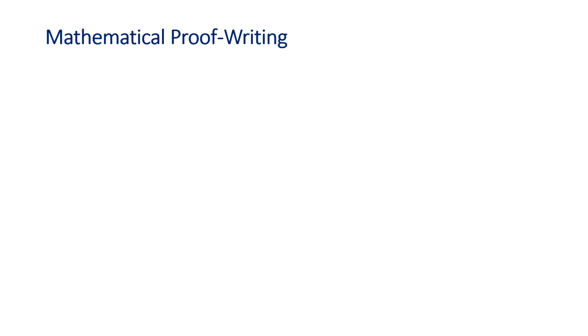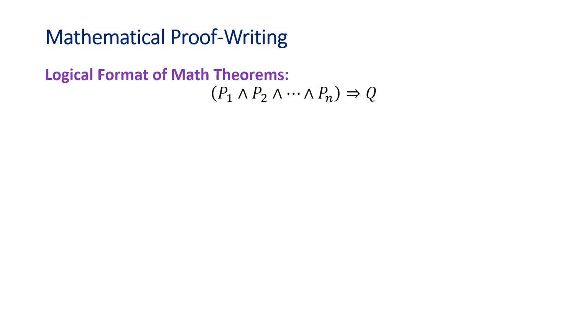Now, there is way more specificity to that than what I just said, so let's get into some of the details. First is the logical format of mathematical theorems. And remember what a theorem was. It's simply a mathematical fact. So the format of these mathematical theorems goes as follows. Now this is grabbing our symbolic logic again.